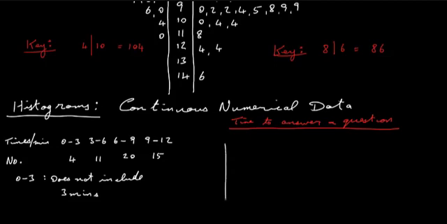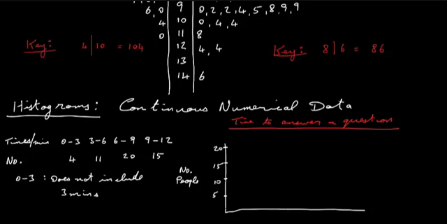We have our frequency up along here, so the number of people, and we are going up to 20. So let's say 5, 10, 15, 20. We would have something like this: 5, 10, 15, and 20 people.